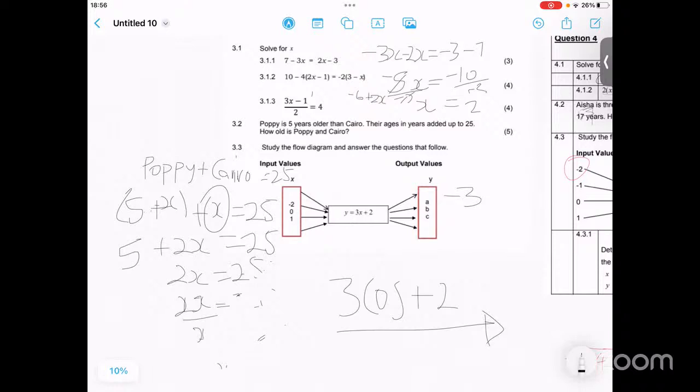You got a 0. What? Okay, what are you having on your calculator? On my calculator, I'm having 3 times open bracket 0, sorry, 1. 0, sorry, yes.